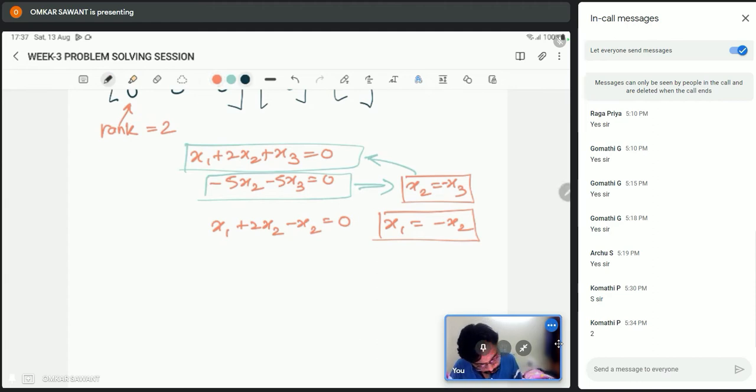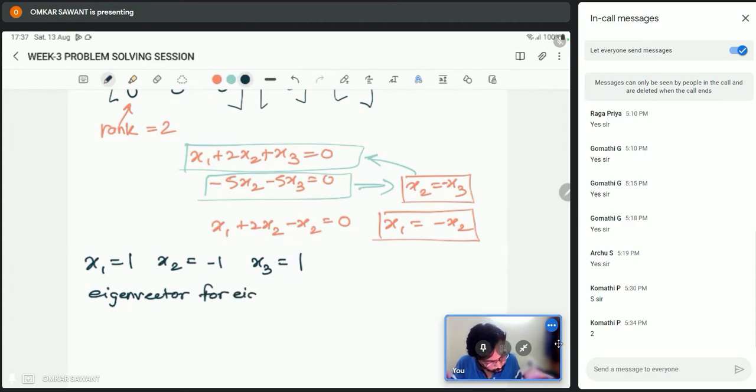So if we take x1 as 1, x2 will be minus 1, x3 will be 1. So what is the eigenvector? The eigenvector for eigenvalue 3 is 1, minus 1, 1.